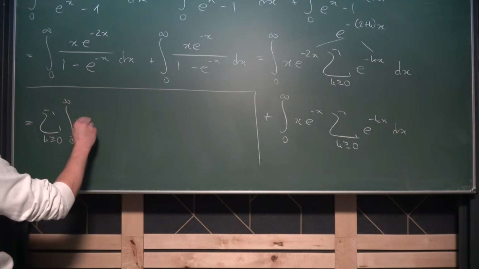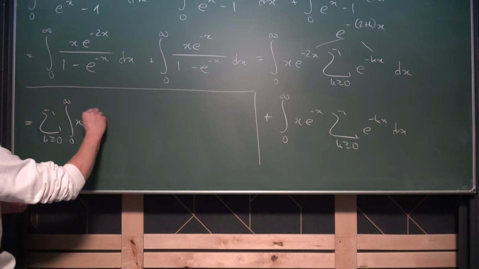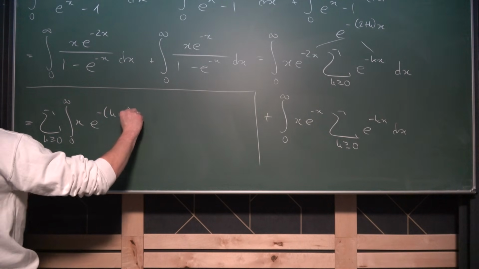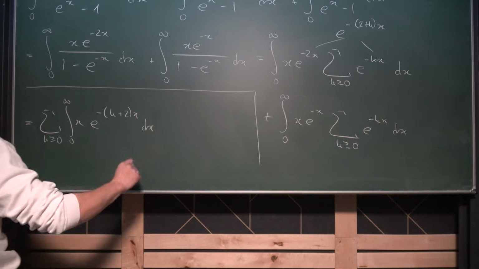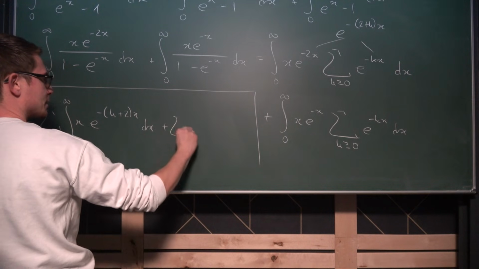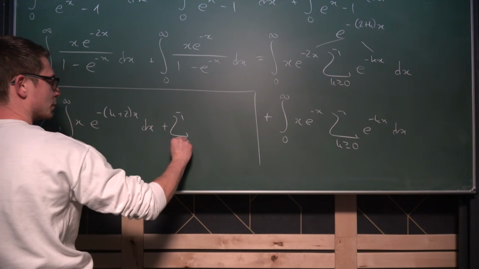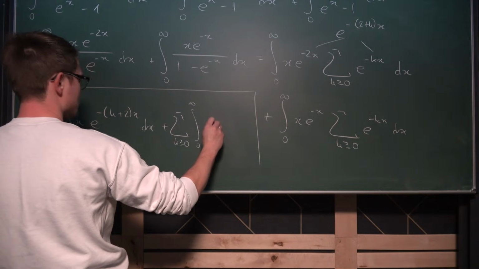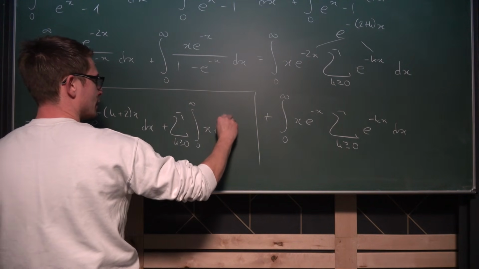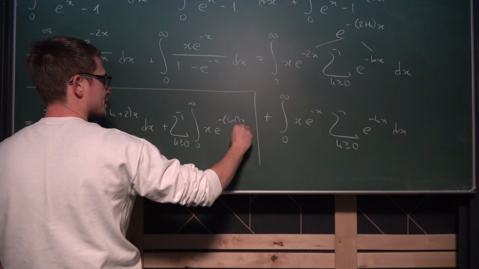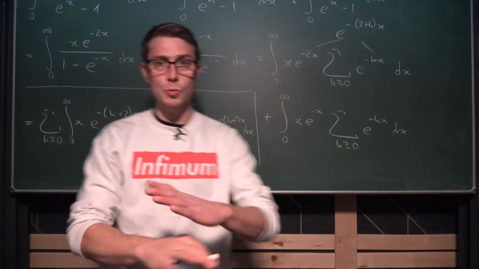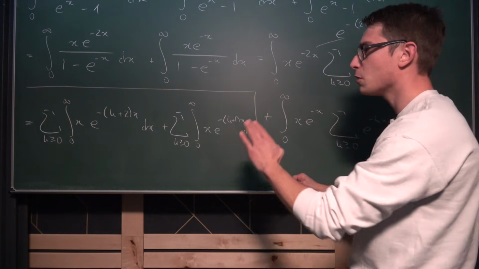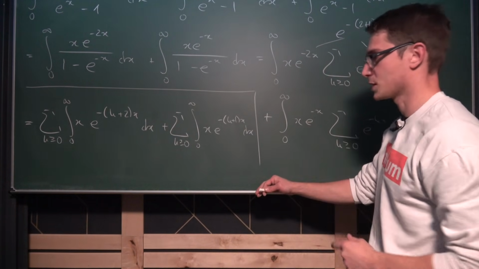So we are going to end up with x times e to the negative, in parentheses, k plus 2 times x, integrated with respect to x, and then plus the infinite series, k greater or equal to 0, of the integral from 0 to infinity, x times e to the negative k plus 1 x dx. And this is where we are right now. Pause the video if you couldn't follow along. It does make sense if you think about it for a second.